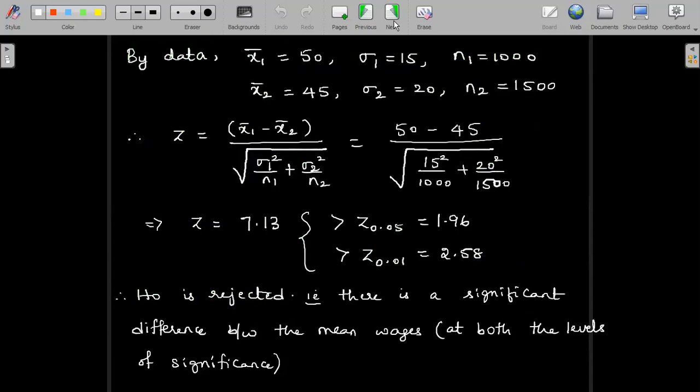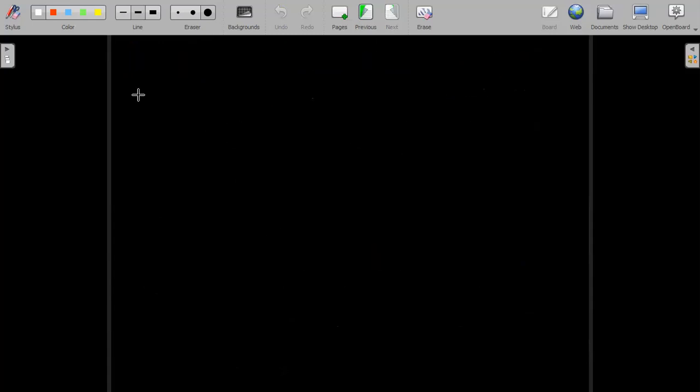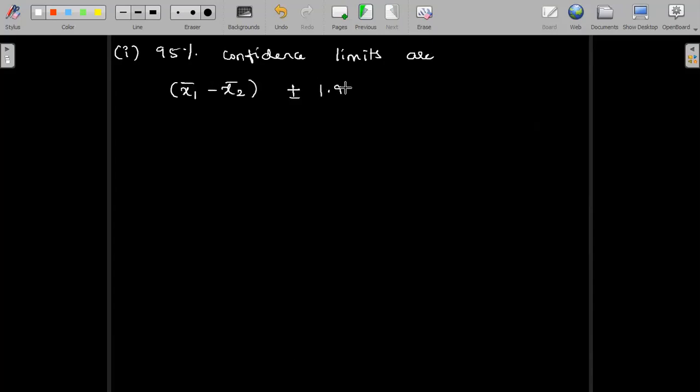So let us find out one by one now. So 95% confidence limits are obtained by the formula x1 bar minus x2 bar plus or minus 1.96, the value at 5% level of significance, into square root of sigma 1 square divided by n1 plus sigma 2 square divided by n2.